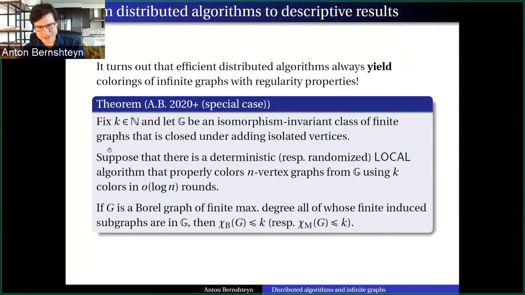Then, once you know that there is such an algorithm, you can conclude that for any infinite Borel graph of finite maximum degree, all of whose finite induced subgraphs happen to be in this class, if the original algorithm was deterministic, its Borel chromatic number is at most k, and if it was randomized, its measurable chromatic number is at most k. So you can use these algorithms designed for finite graphs to obtain results about infinite graphs in this setting. And deterministic corresponds to Borel, randomized corresponds to measurable.